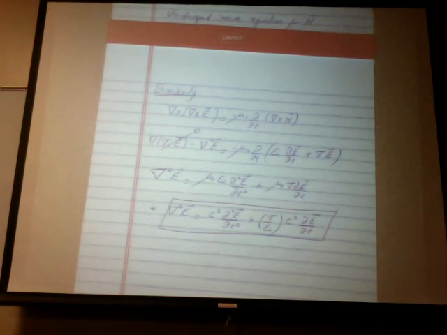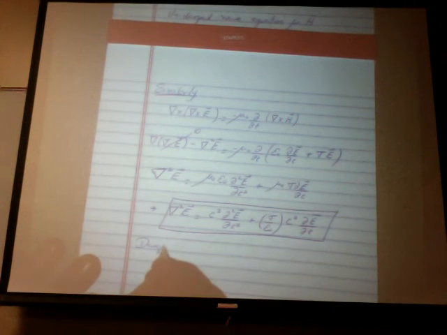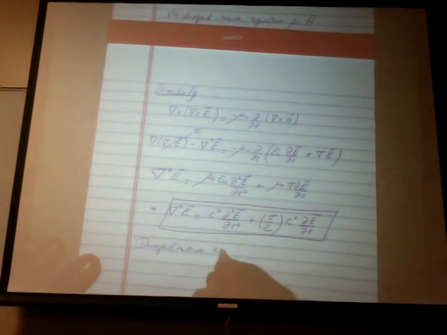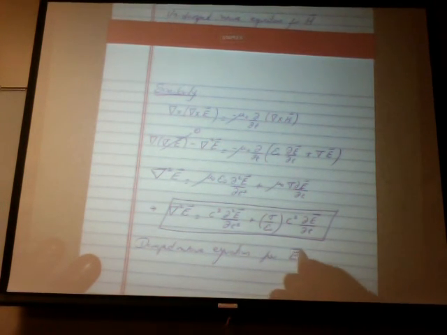And that would be the damped wave equation for the electric field. So now we have an equation that governs the electric field in a medium with permittivity epsilon and permeability mu, and with resistivity sigma, that we can solve for, as long as we have boundary conditions and initial conditions.